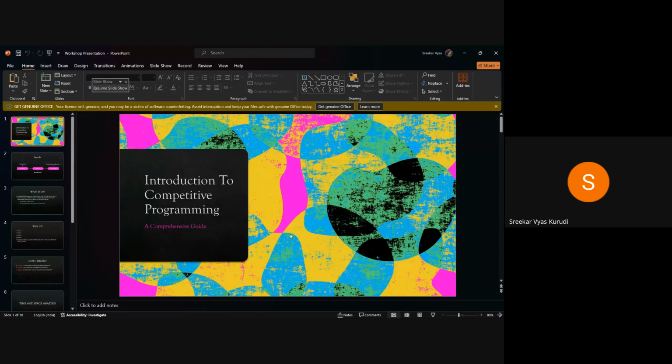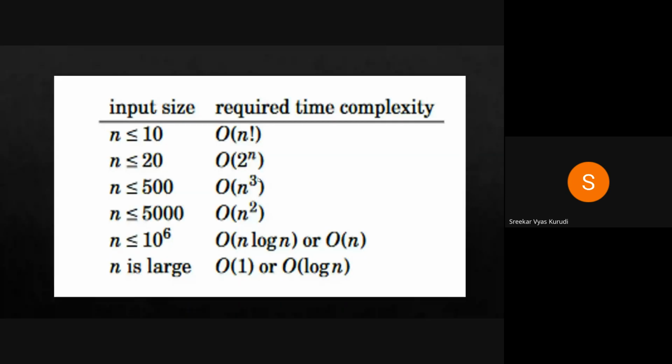Now let's look at this one. This is basically a cheat sheet as to what complexity works for what. If the input size is less than or equal to 10, an n factorial solution works because 10 factorial is way less than 10 to the power of 8.